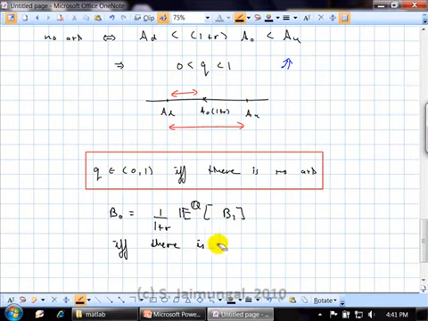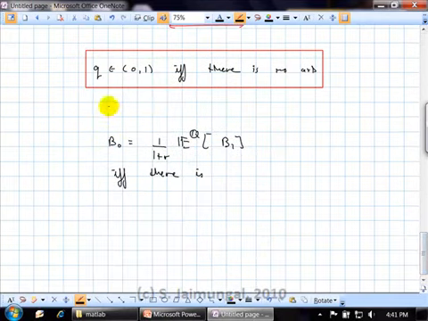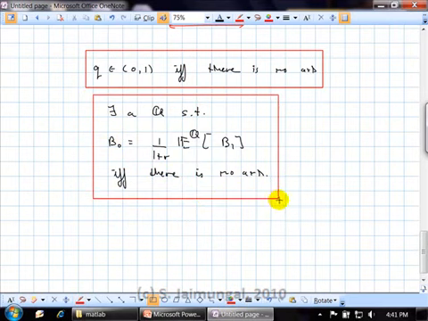Or let me modify that statement a little bit. Let's say there must exist a probability measure Q such that B0 equals this if and only if there is no arbitrage. Okay, these statements are the same.